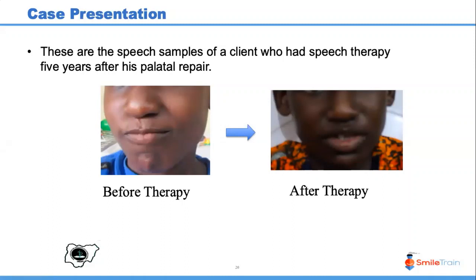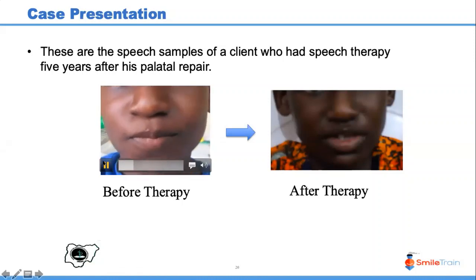He tends to squeeze his nose together, squeeze his mouth together when producing these sounds. He was very cautious of the way he used to speak. So I asked him to count 1 to 3 at the beginning of the session, and this is a video recording of 1 to 10.